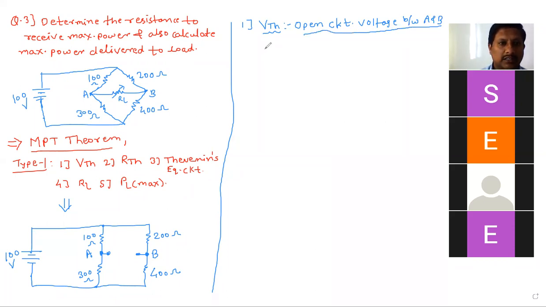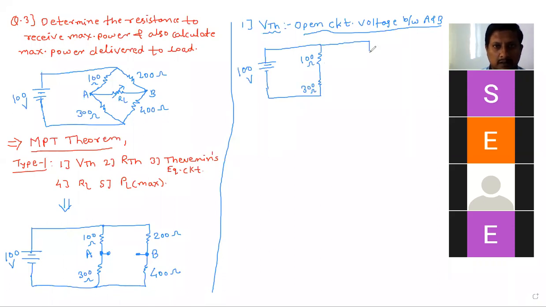So I will draw the same circuit now. Kindly give the attention now. Very interesting circuit it is. This is 100 ohm. This is 300 ohm. Now who will tell what is the voltage across this branch as well as this branch? 100 volt. Yes, very good.